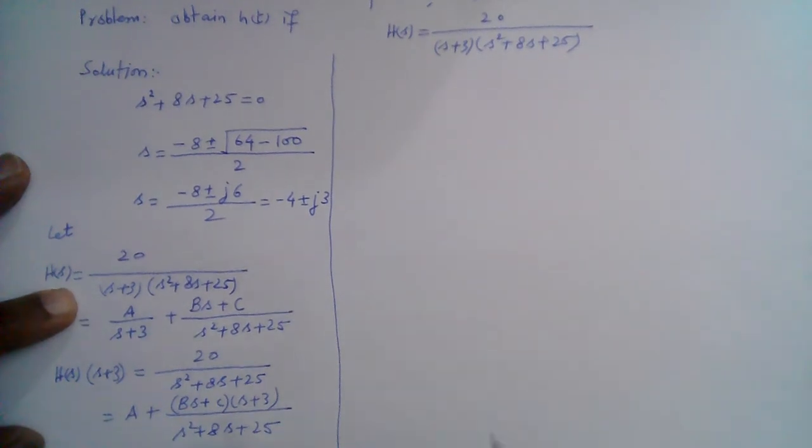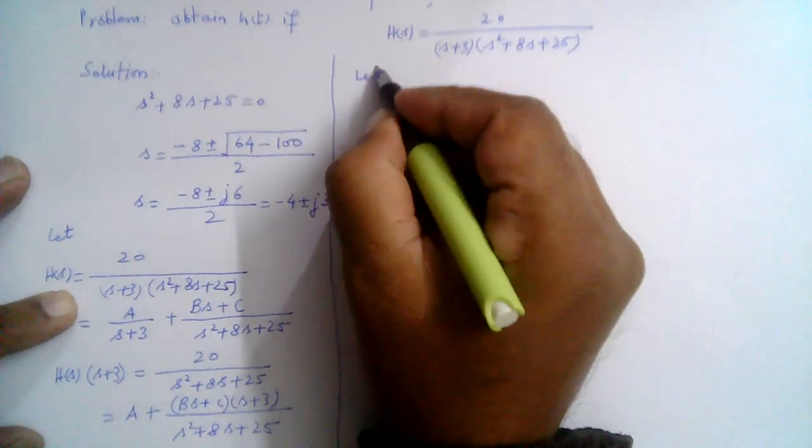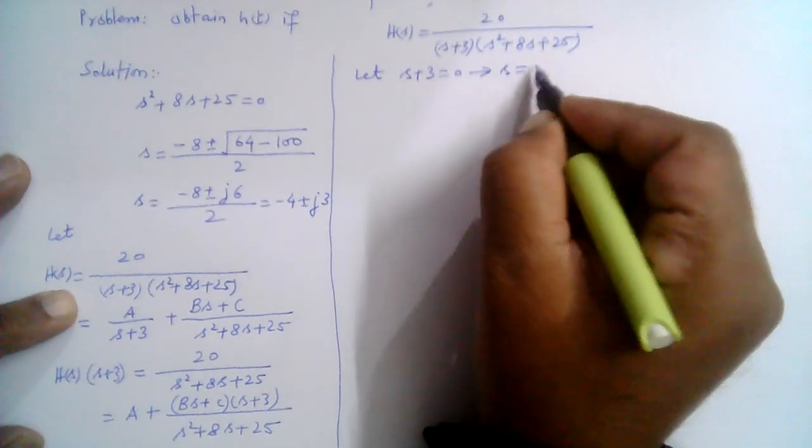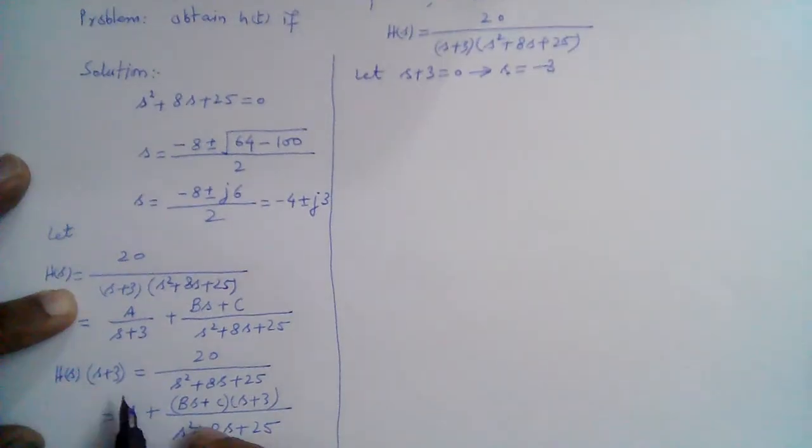Now if we let s plus 3 is equal to 0, that is s is equal to minus 3, and substitute this here, we will get A.